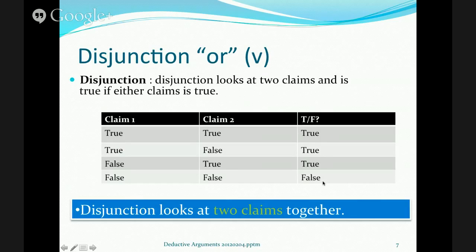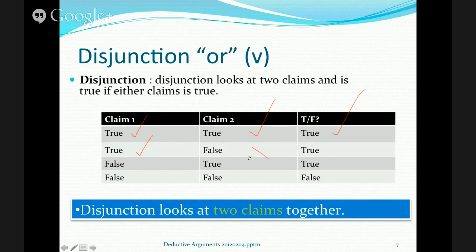Disjunction is a big word for or. Or means, in this case, if two claims are there, if either claim is true, then the disjunction of the two claims is true. So again, Abe is Prime Minister of Japan, and ice cream tastes good. True, true, true. Abe is the Prime Minister of Japan. True.